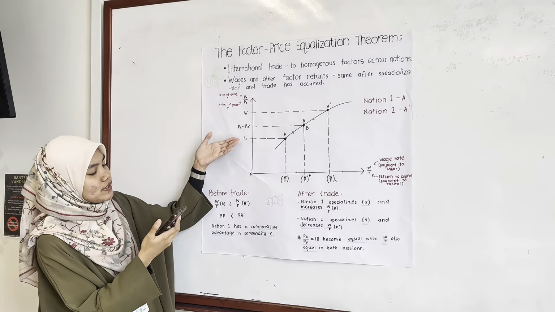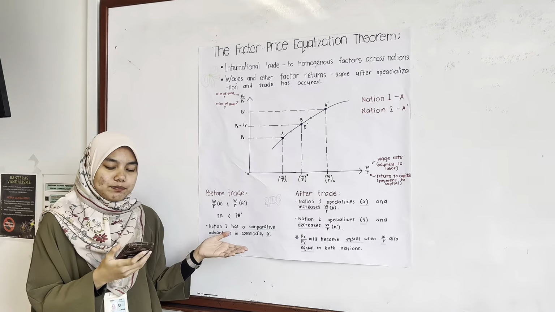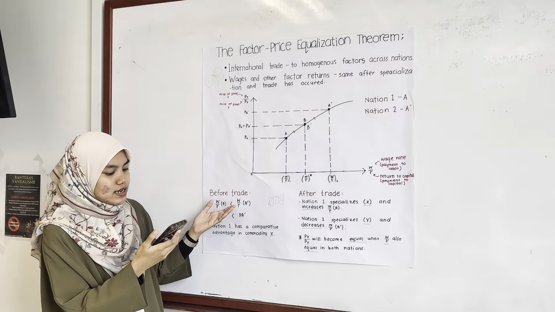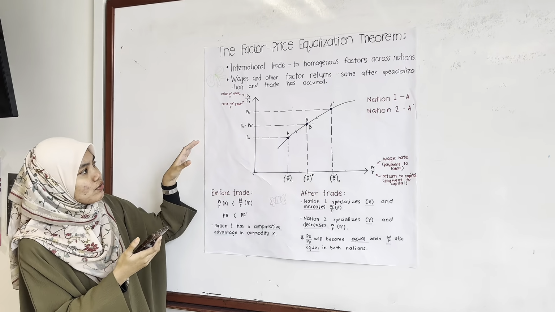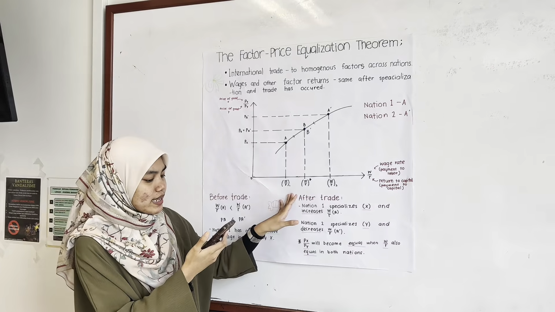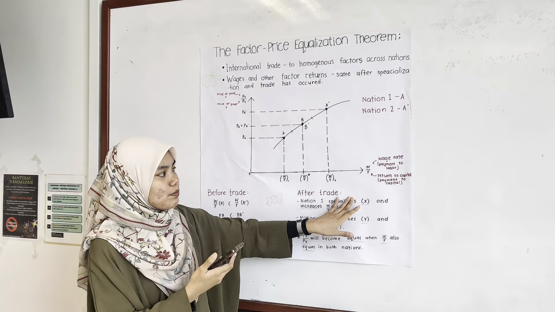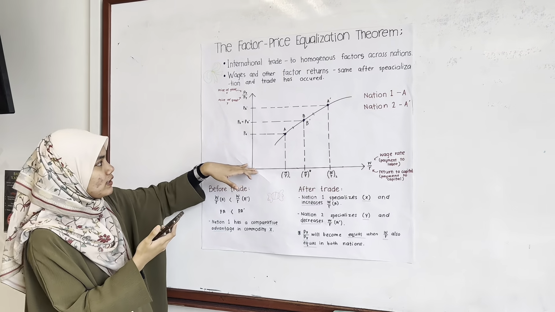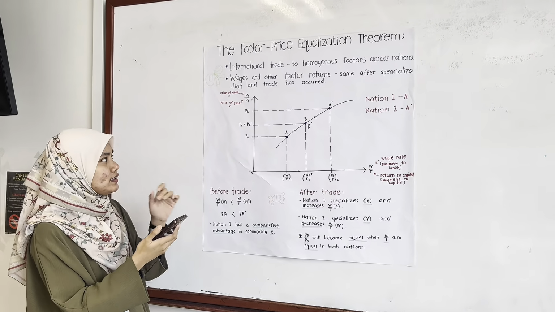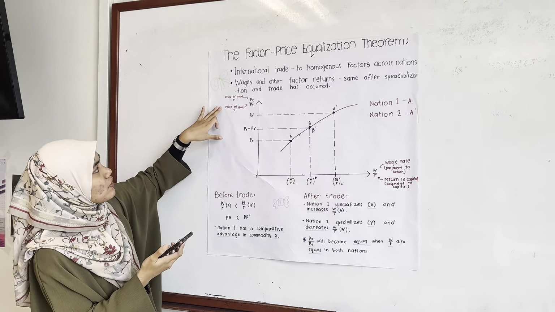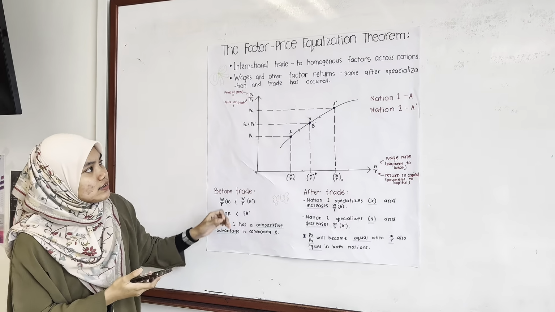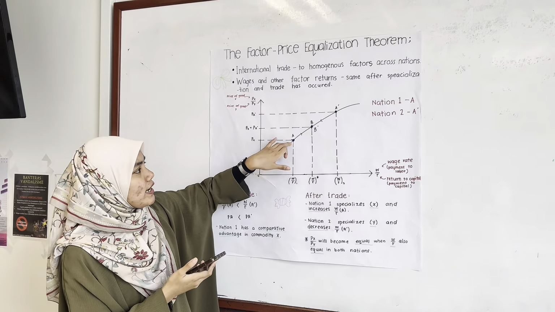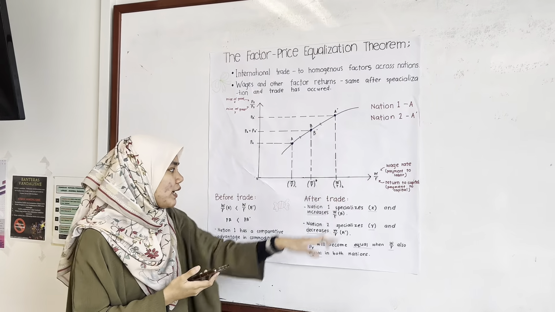So this is the figure for changes in relative prices and factor returns due to trade. For keywords, the horizontal axis measures the wage rate and return to capital. Meanwhile, on the vertical axis, we measure the price of goods X and Y. Nation 1 is at point A and nation 2 at point A prime.